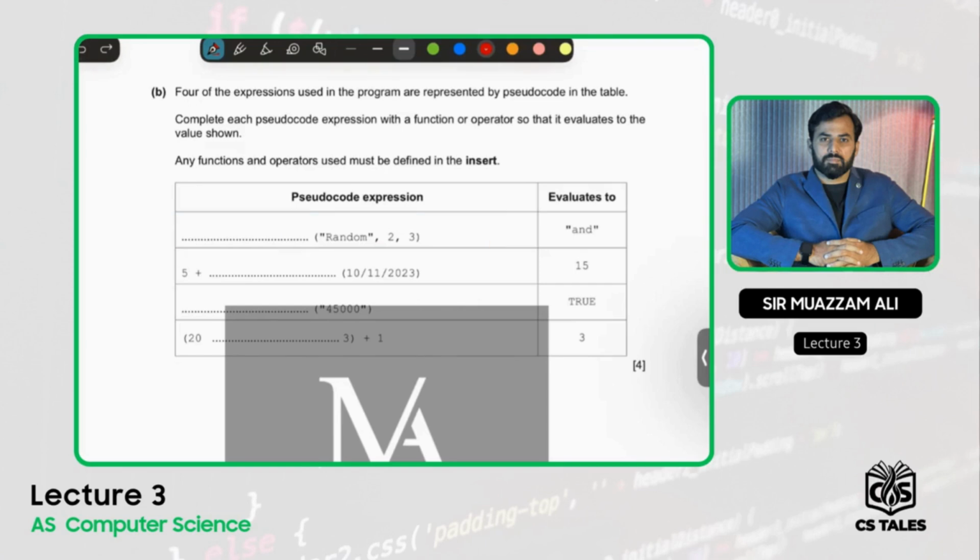It's asking to start from the second character, and how many characters do you want to pick? These are 3, the number of characters.